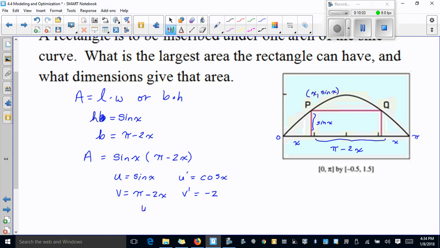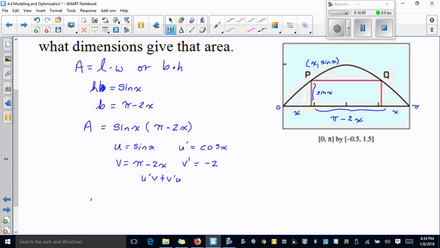Don't forget this is u prime v plus v prime u. So our area prime is going to be cosine of x times pi minus 2x. Because of this minus, it's going to become minus 2 sine of x.